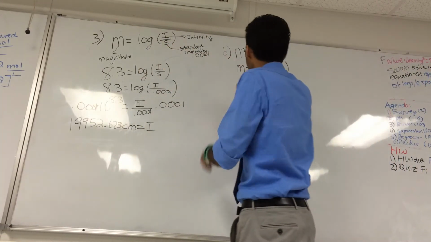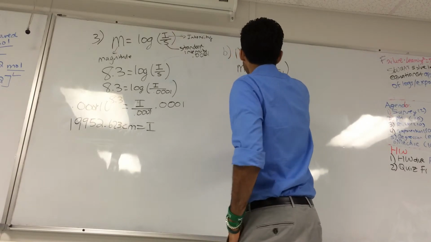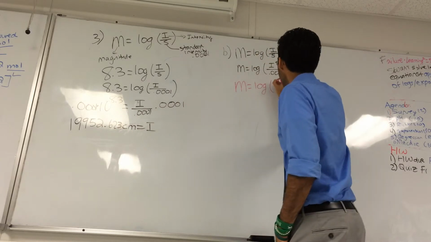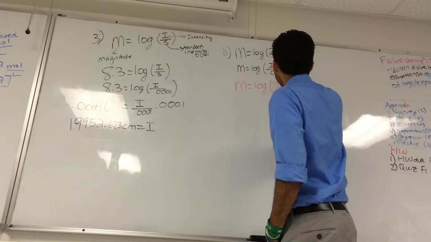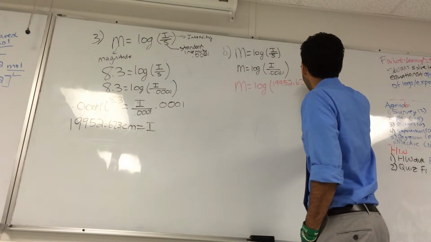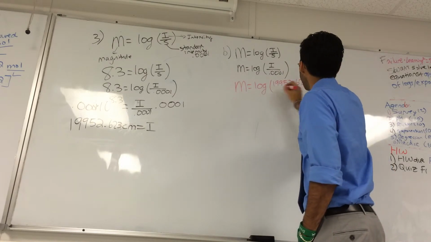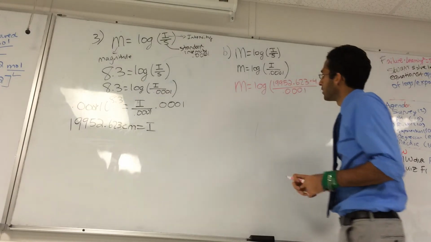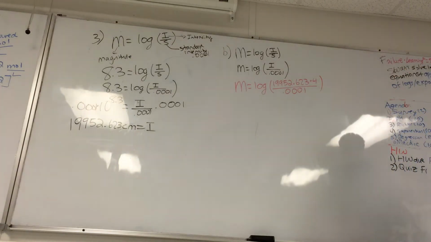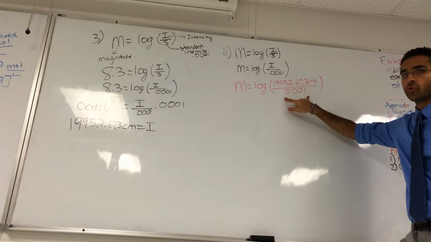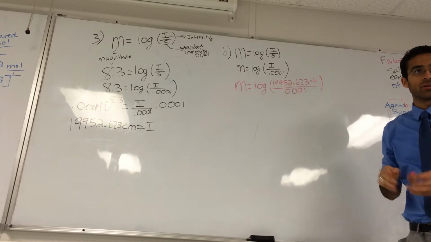So let's go M equals log of, and instead of I, I'll put 19952.623 times 4 divided by 0.0001. Now this we can do on the calculator. Multiply these two together, divide by 0.0001, then take the log of the answer.